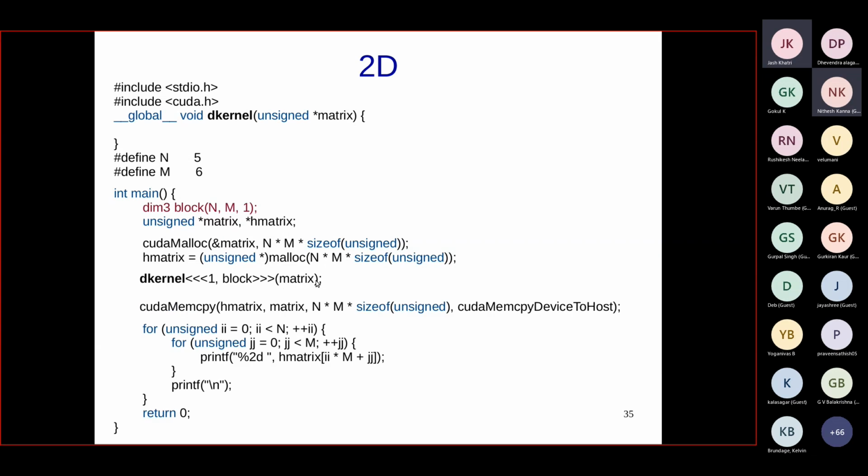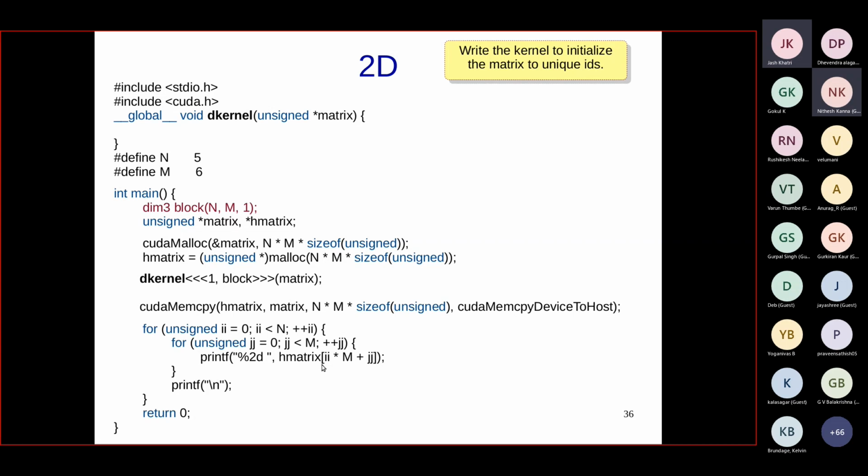After the kernel computation is finished, we are copying the matrix back to the hmatrix, which is the space declared on the CPU, using cudaMemcpy device to host, that is from GPU to CPU. And then we are just printing this matrix on the CPU, which is stored inside hmatrix.